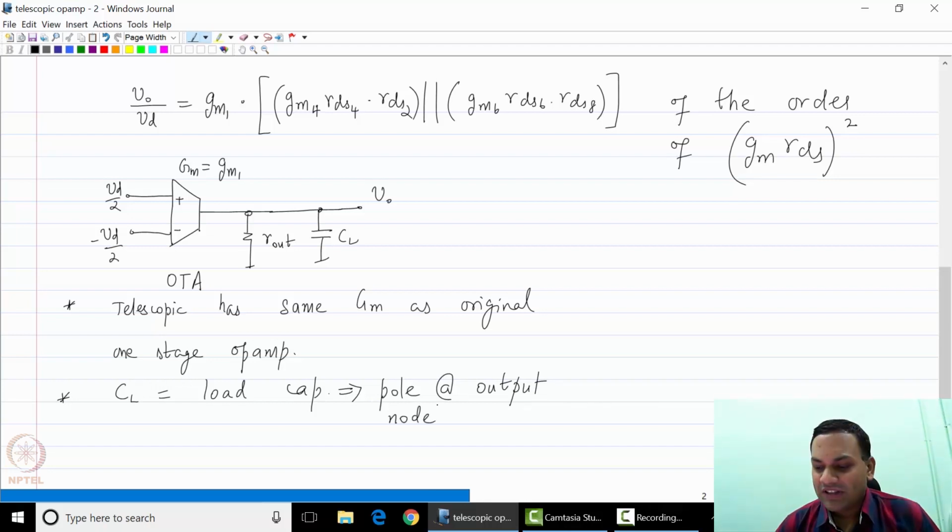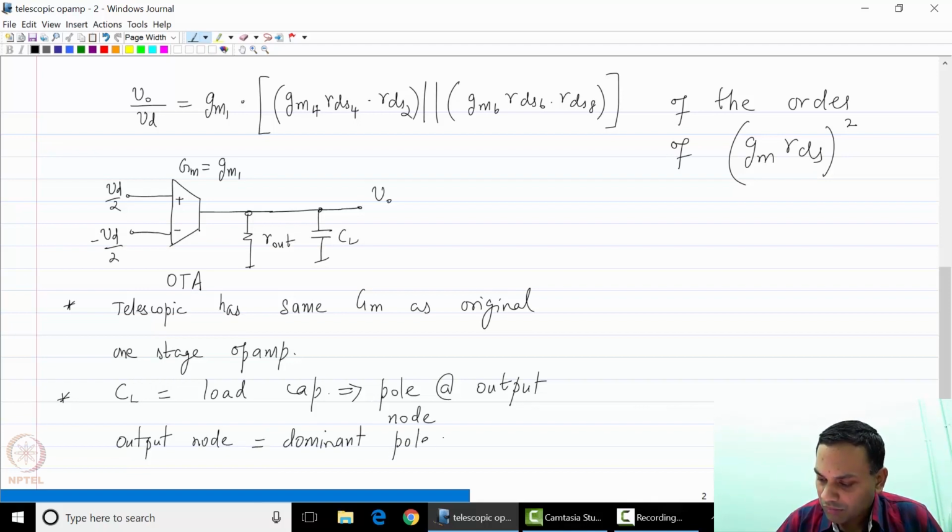As we saw in the case of the one-stage op amp, the output node was the dominant node, and the same is expected to be the case here. So the output node contributes the dominant pole.